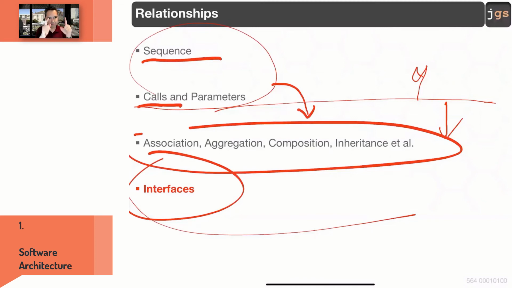That could be a key idea when we decide if something is a component or not, if something is a module or not, if something is a package or not.